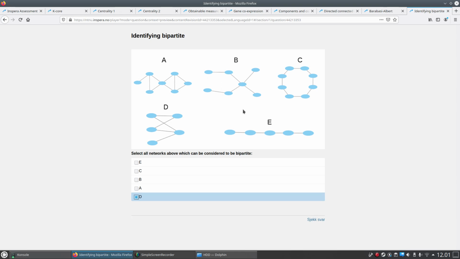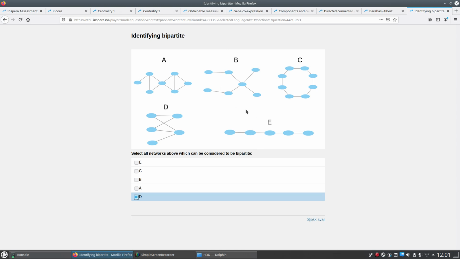What about the rest? Well, here we don't see any clear division between 2 groups as we do in network D, but we can rely on the formal definition that there are no odd length cycles. And sure enough, in B and E, there are no cycles at all. The only way you can return to where you started on a random walk is by backtracking your steps, and that would of course give you an even number of total steps in any path you take.